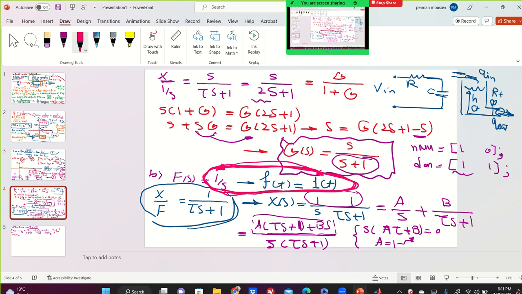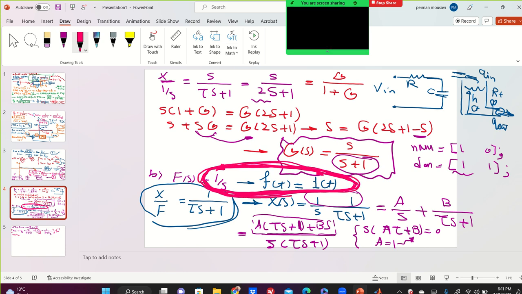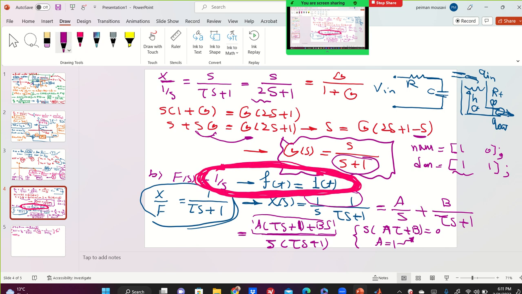You don't see I'm circling here? Let me change the color, maybe you don't see.